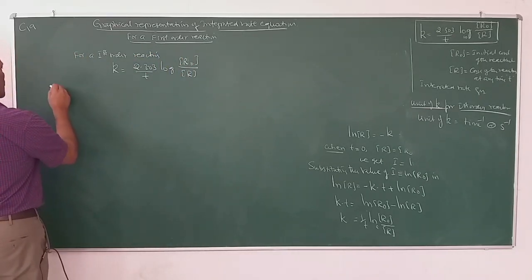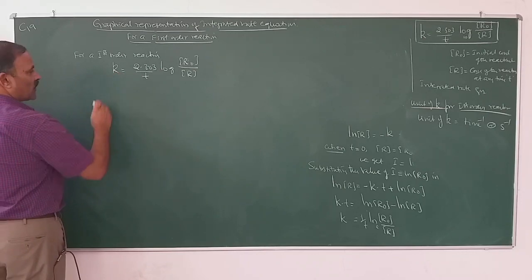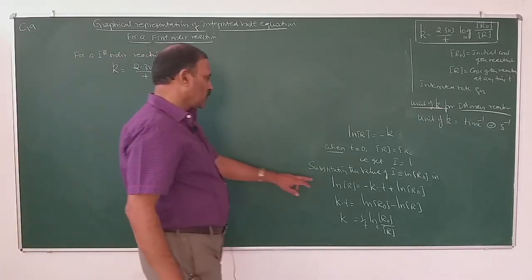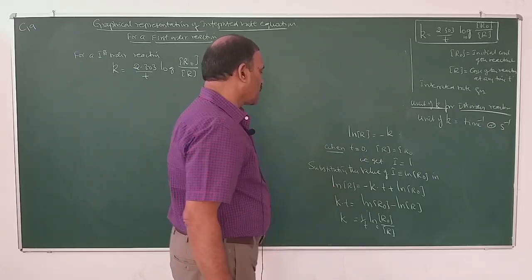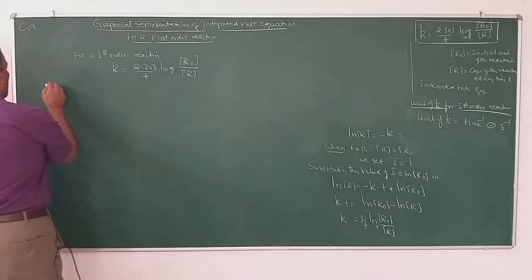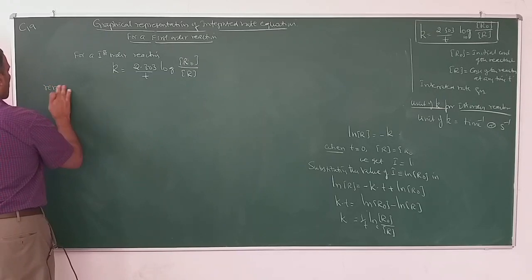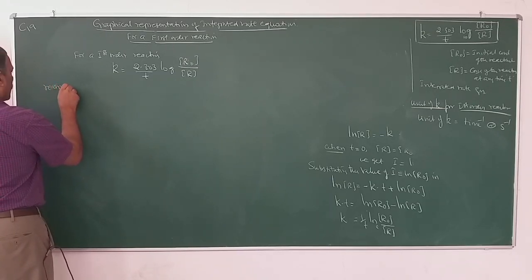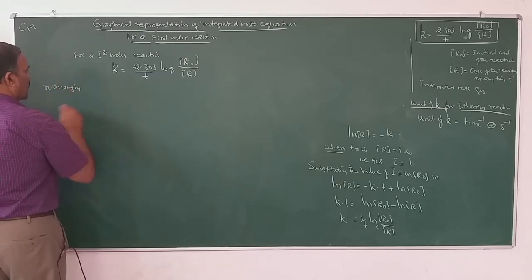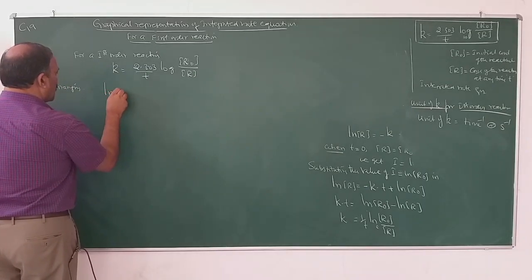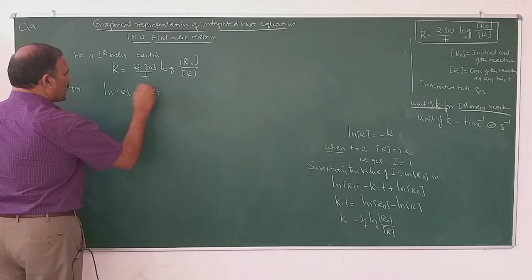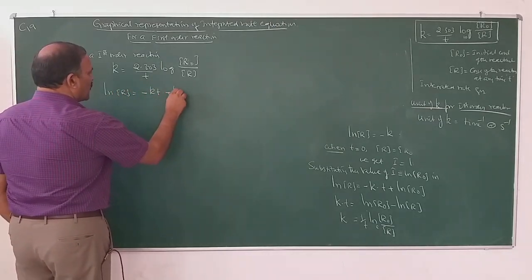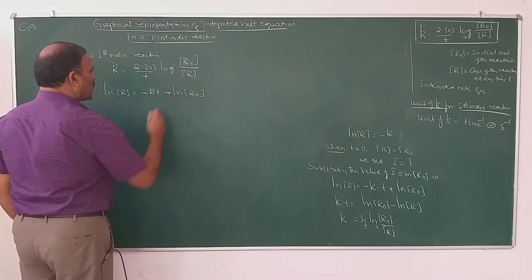In the form of a straight line, I can simplify this one. According to this equation, log R is equal to minus KT plus log R naught. So rearranging, we can write log R equals minus KT plus log R0.